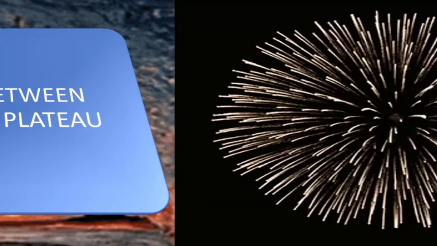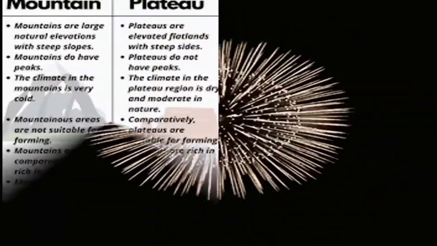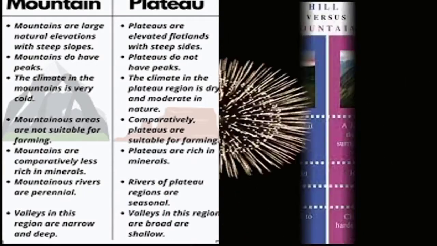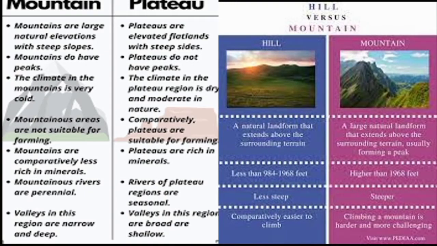One of the major differences is that mountains are elevated land surfaces. That is to say, the elevations rise from the Earth's surface. But a plateau usually has a flat surface.